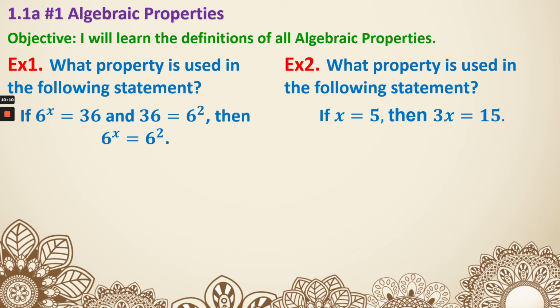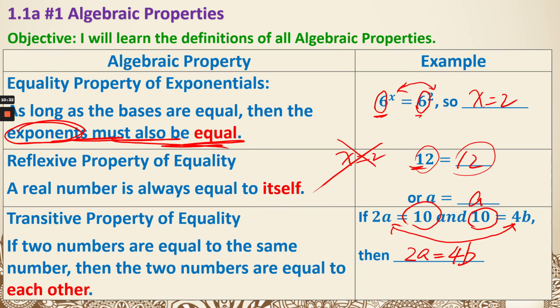If 6 to the x power equals 36 and 36 equals 6 to the second power, then 6 to the x power equals 6 to the second power. You might think, oh, I see exponents, so it must be the equality property of exponentials. Unfortunately, it's not. Like I have emphasized, with the equality property of exponentials, you have to just conclude about the exponents.